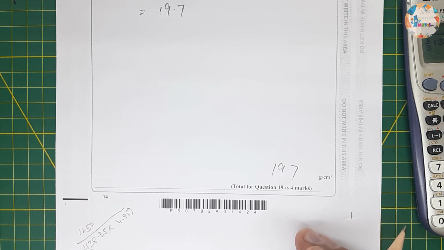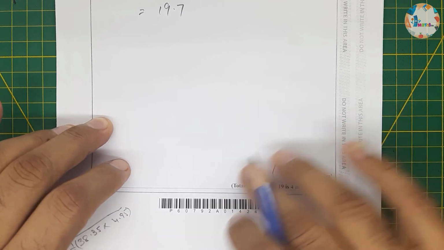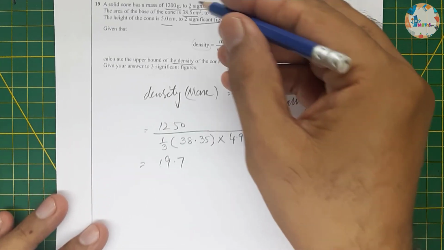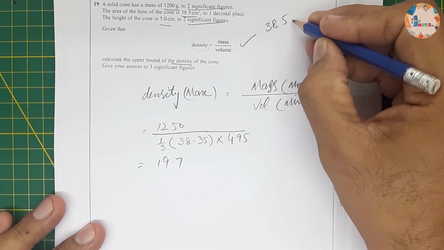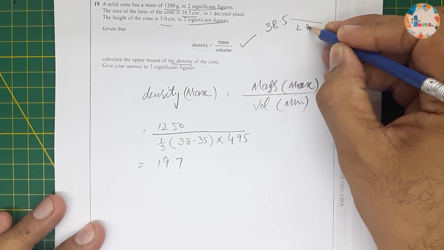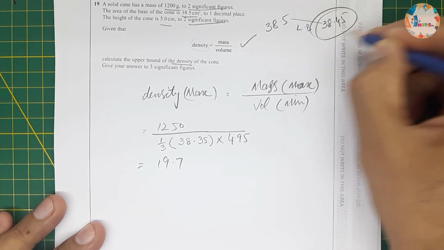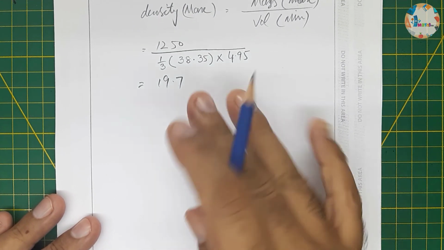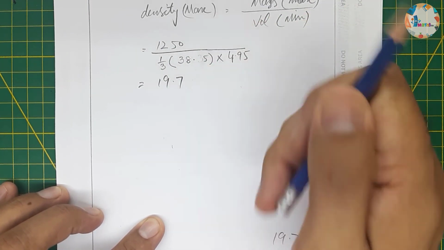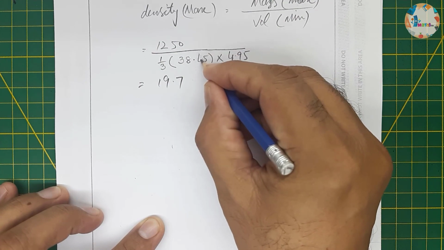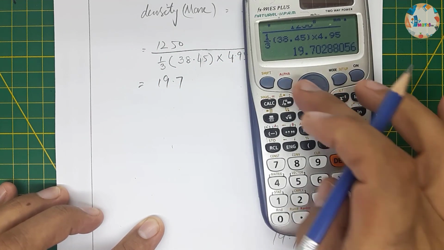Hopefully you understood this. Basically a small correction I have just seen. This is 38.5. The lower bound of 38.5 will be 38.45, but we have taken 38.35 here, so I will change this to 38.45 and we'll recalculate whatever we have done.